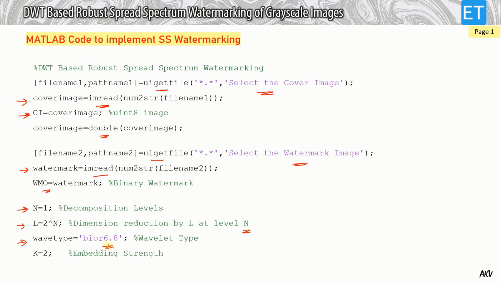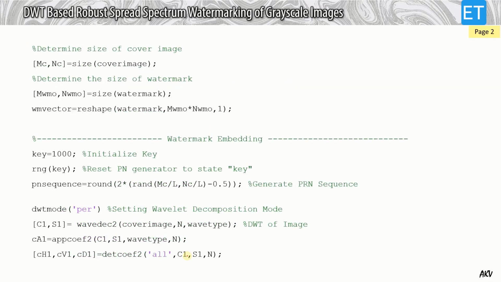You can use any other wavelet, and you can do a comparison also. And this is k equal to 2, which is the embedding strength. Again, you can try different embedding strengths, and you can study the effect of this k on the watermarking process, particularly on imperceptibility.